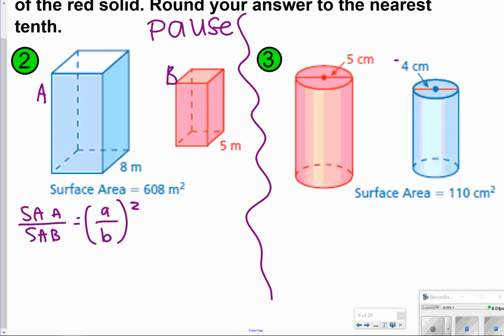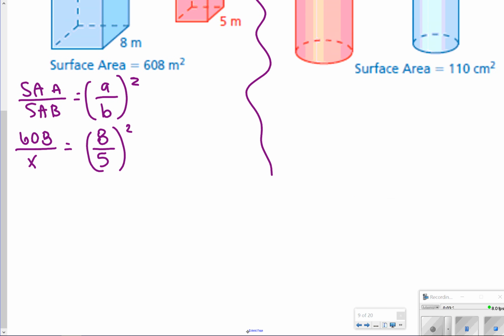The surface area of A is given to me, that's 608, but the surface area of B is not given to me, so that's where I will write an X. Side A is given to me, that's 8, and the side for B will be 5. I'm going to scoot down my page here as I work. I'm going to first square this. I'm going to have 64 over 25 is equal to 608 over X, and then I'm going to cross multiply.